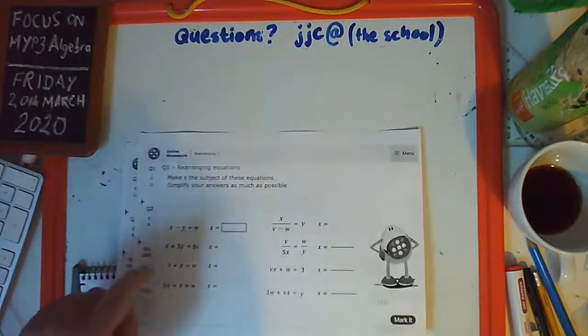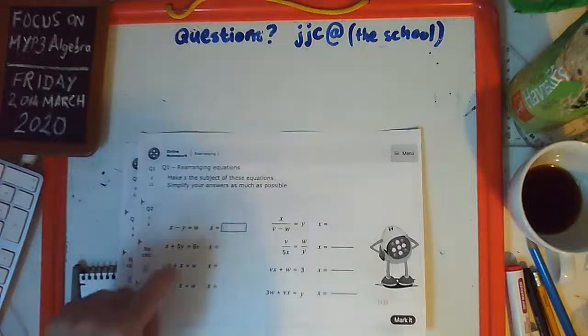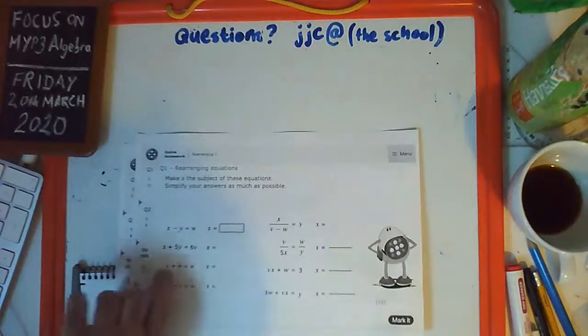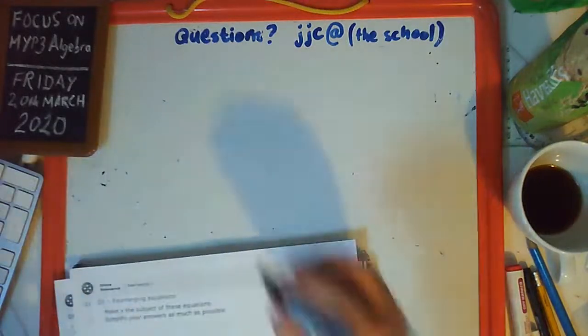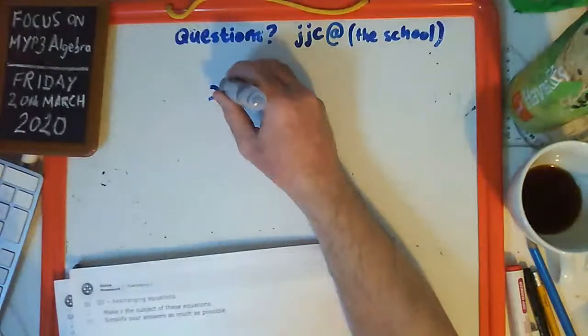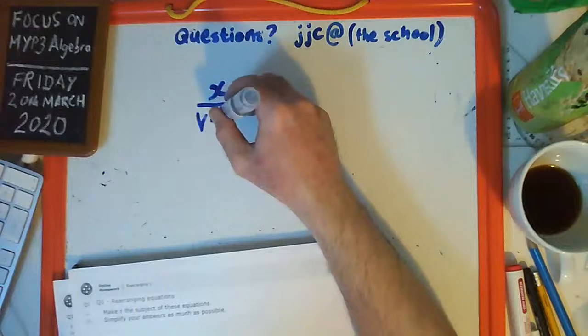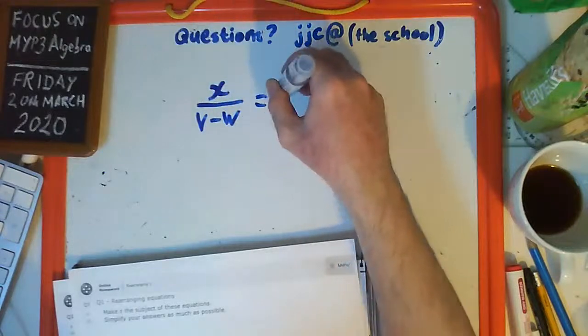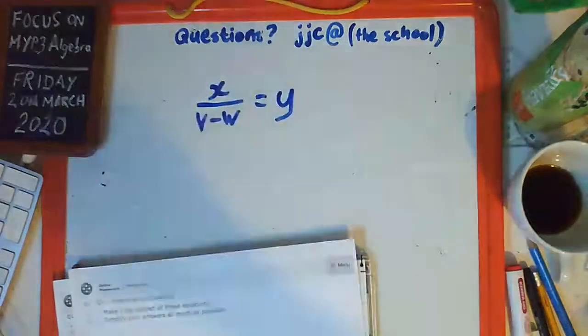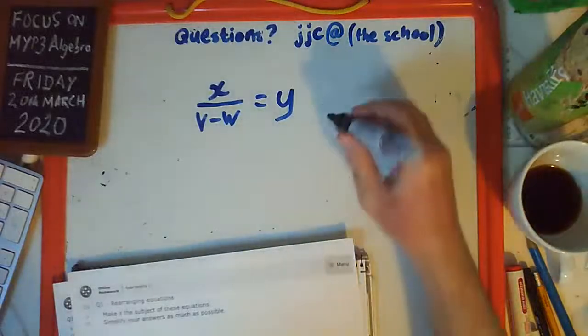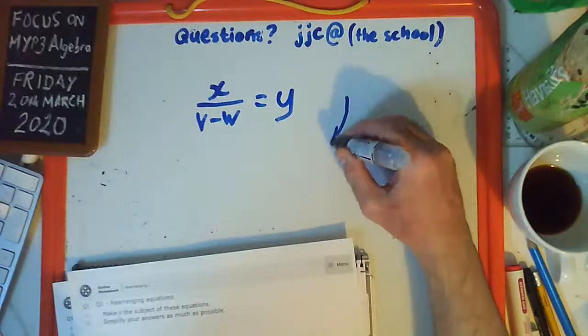I'm going to skip the next two because they are as easy as the first one. And I'm going to go to this one with a big fraction in it that says x over v minus w equals y. Now, whenever I see a fraction, I'd like to get rid of it.